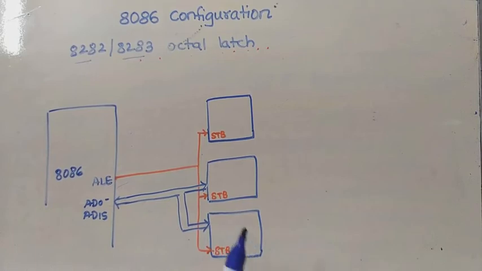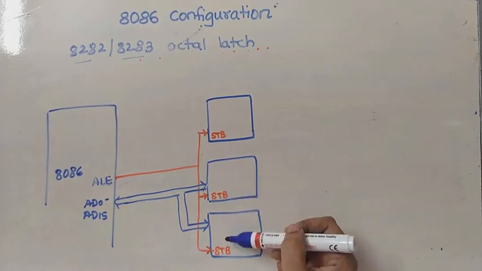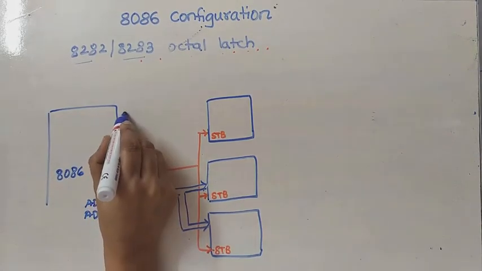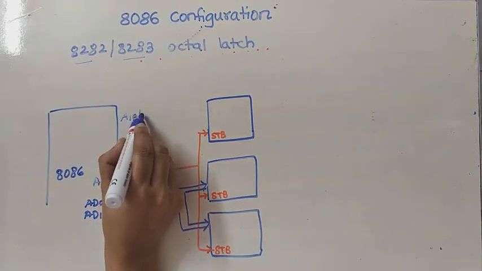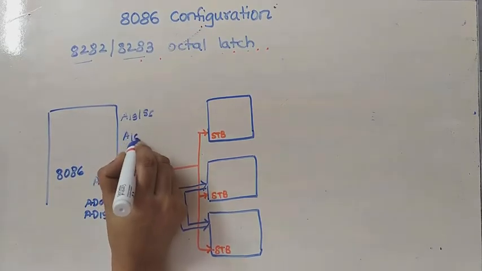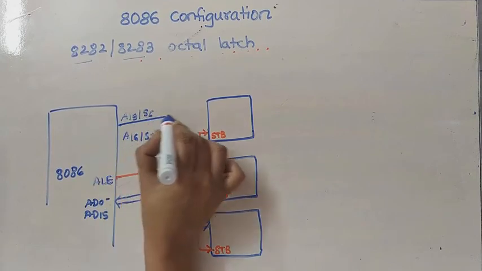So the multiplexed address and data bus AD0 to AD15, 8 pins are connected to this and the remaining 8 pins to this, and the remaining address pins, that is A16 to A19, that is S3 to S6, are connected to this octal latch.